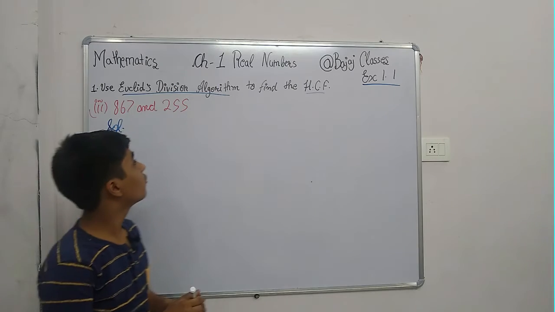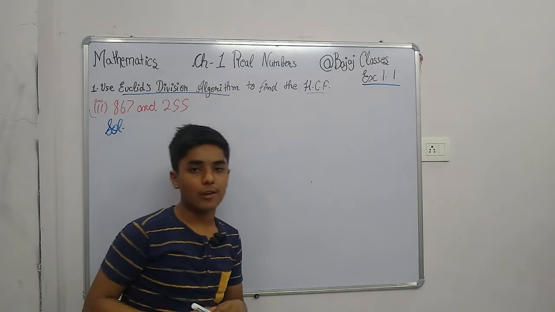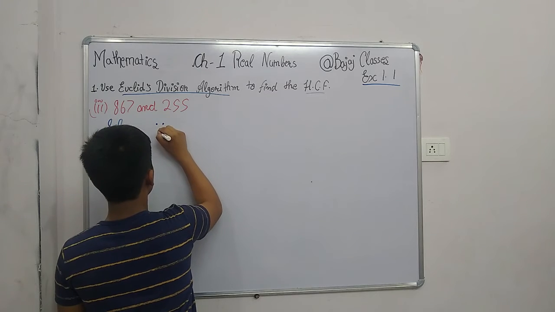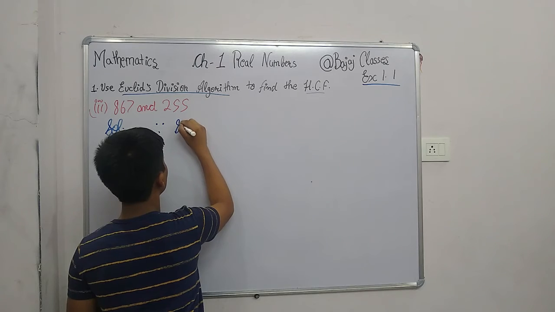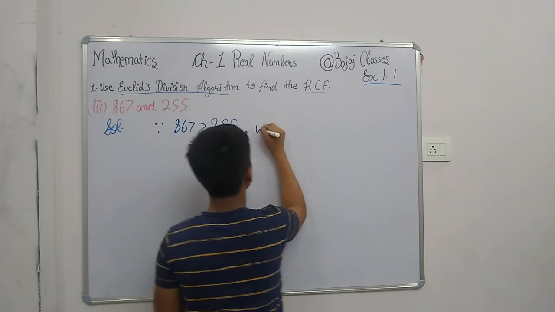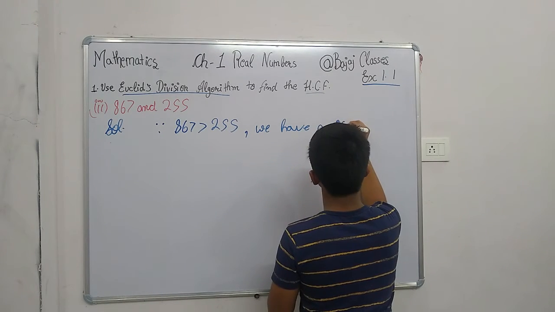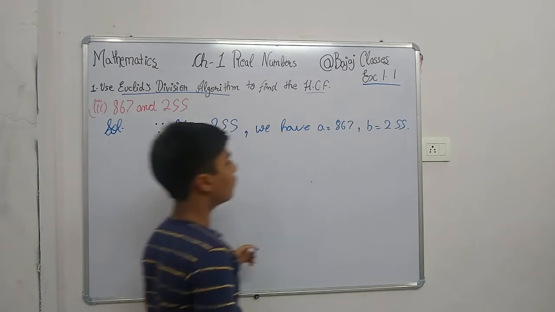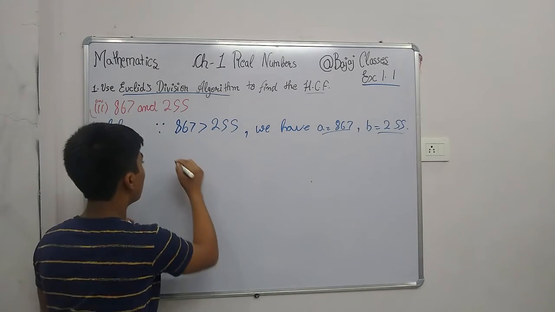Guys, our third part of this question is we have to find the HCF of 867 and 255. So we have to follow the same process, that is, first which is greater. Since 867 is greater than 255, we have A equals 867 and B equals 255.